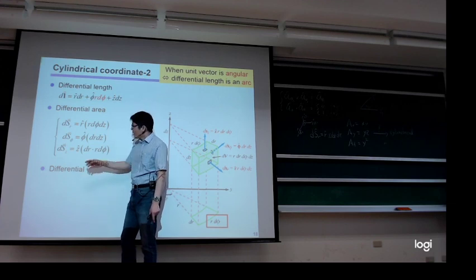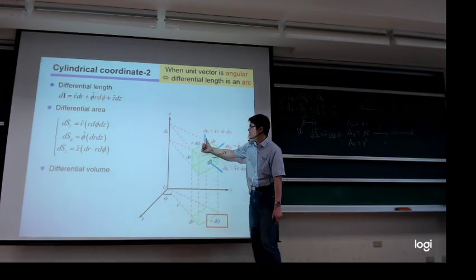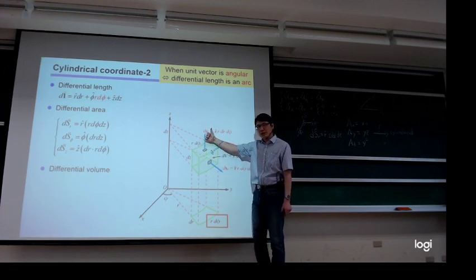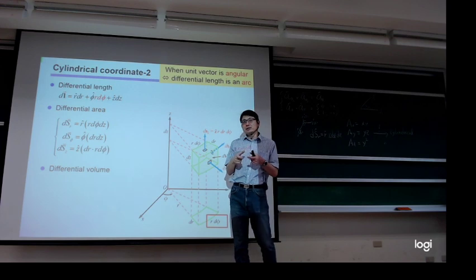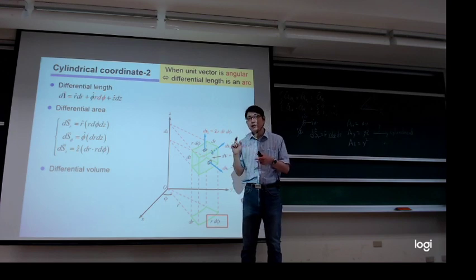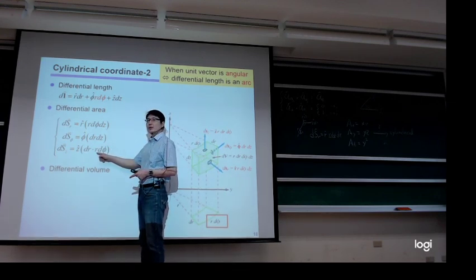On the other hand, when you have a differential surface in the z direction, ds z, the direction is in the z direction, so the magnitude must be determined by the differential length in the phi direction multiplied by that in the r direction. You have to be very careful when you have the phi direction differential length.